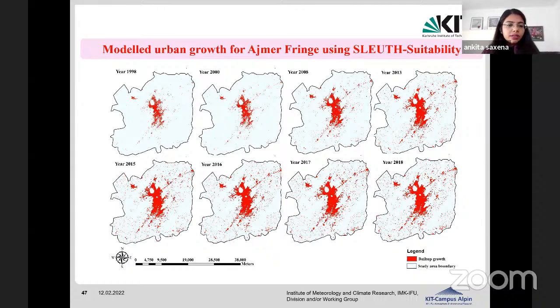As you might have noticed, we used the data until the year 2015, and then we validated the outcomes, the model-produced outcome of year 2018, with fine resolution satellite data, to validate if the model is able to predict the growth in an accurate manner.